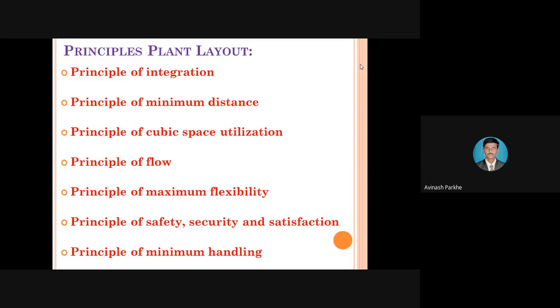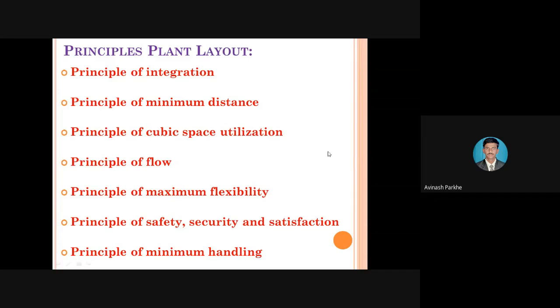If there is proper integration between man, machine, material, and whatever other services are there, and we utilize all the important resources, your productivity can increase. So this is the first principle, which is called the principle of integration.